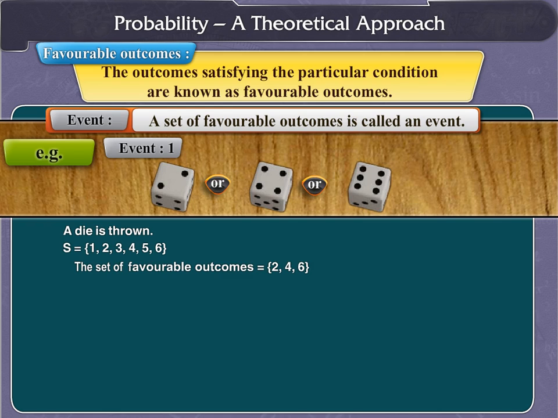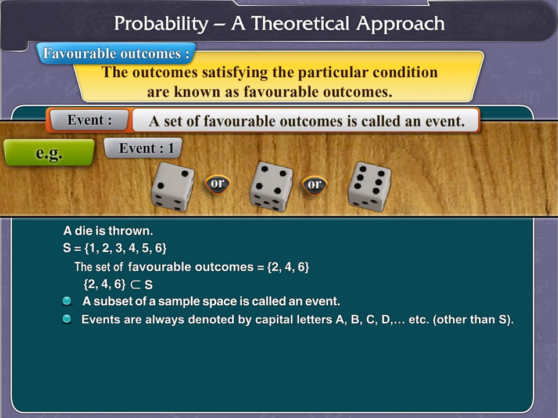This set of favorable outcomes containing elements 2, 4 and 6 is known as an event. An event is always a subset of sample space.